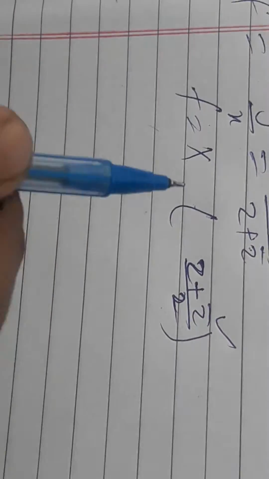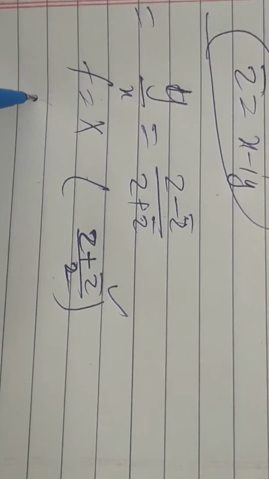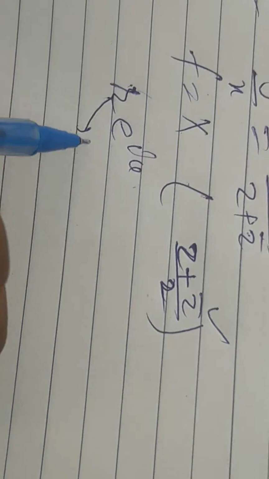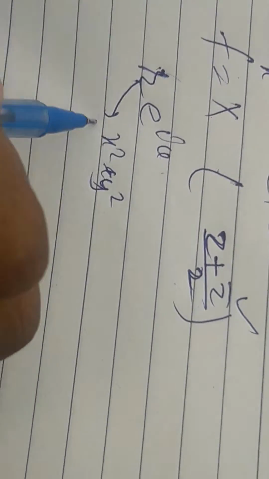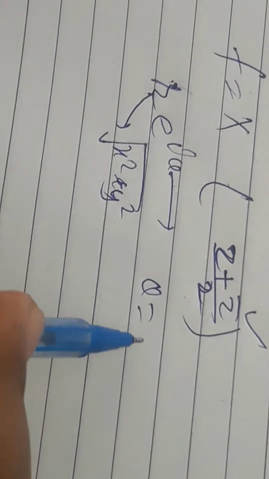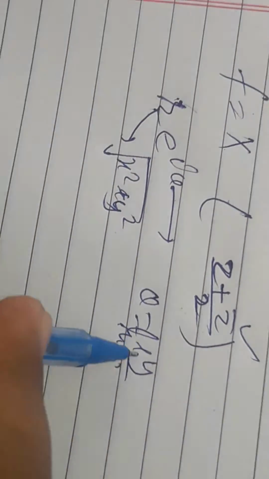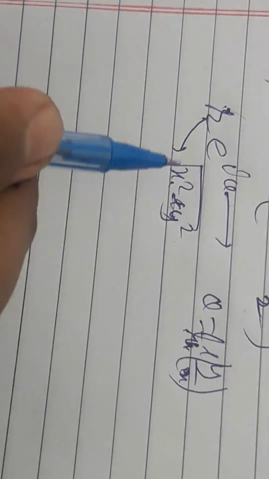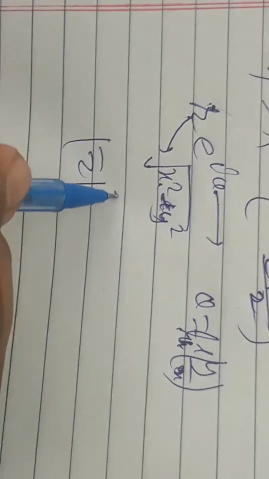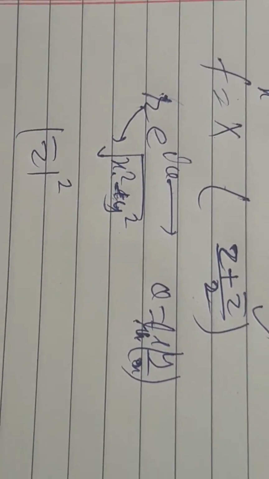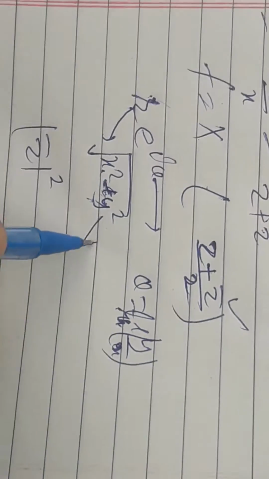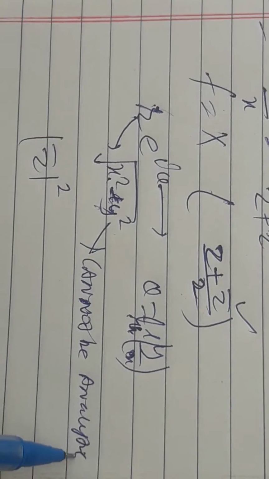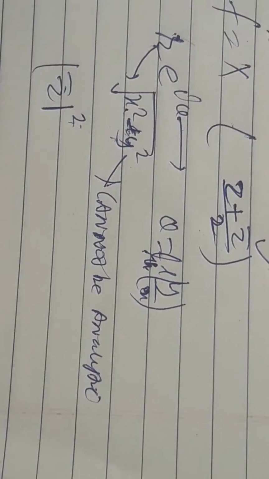Now check the polar form, r e to the i theta, where r equals the square root of x square plus y square and theta equals tan inverse y upon x. You know that x square plus y square can be expressed in the form of modulus z squared, so it cannot be analytic as well, because modulus z whole square will be involved in this portion.